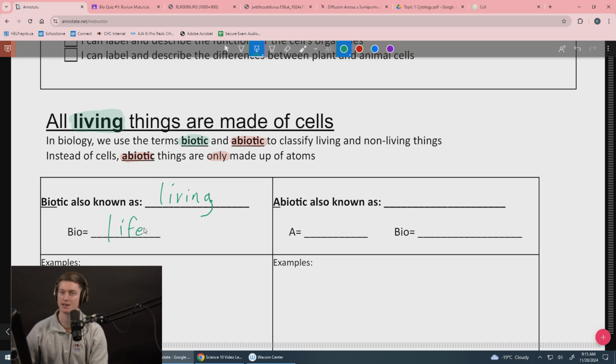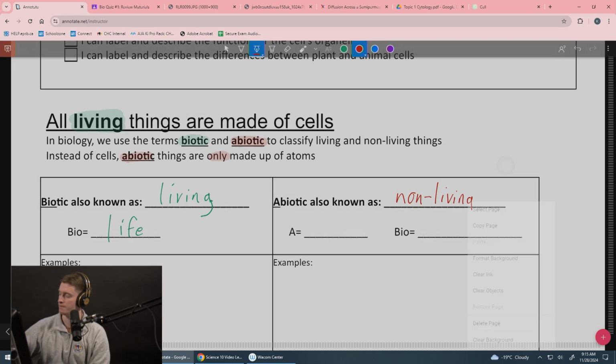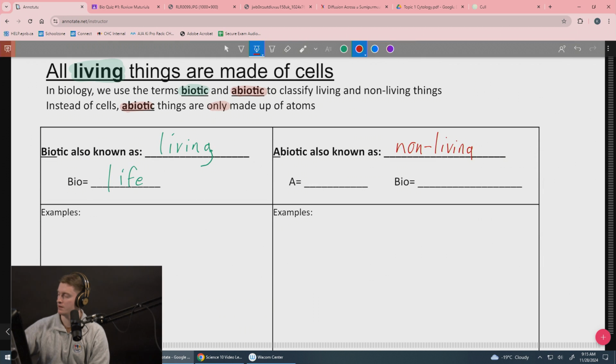Biology is the study of living things. Conversely, abiotic things are non-living. The meaning of the prefix bio hasn't changed. Bio is still life, but A is not, or that's how we're going to treat it.